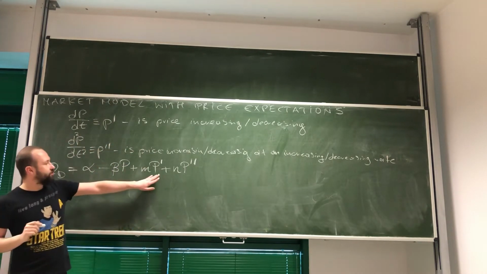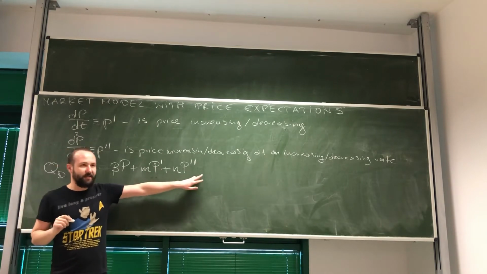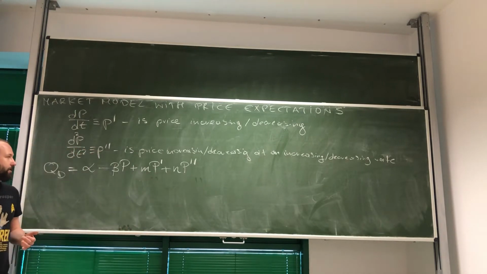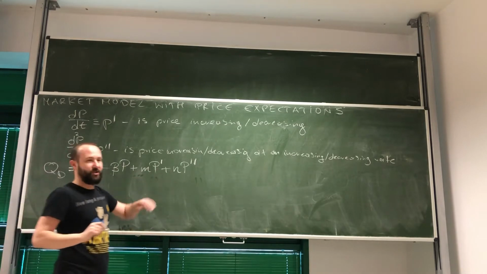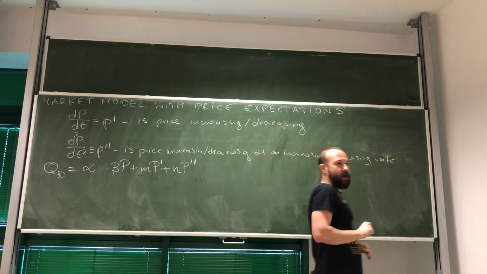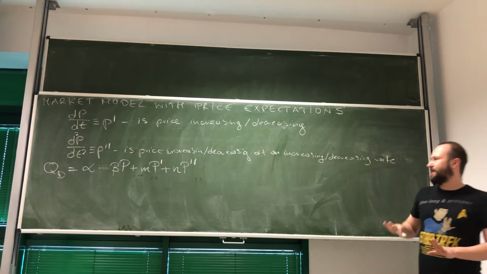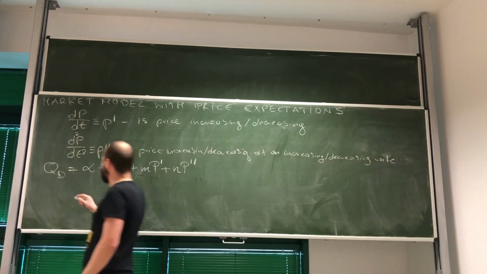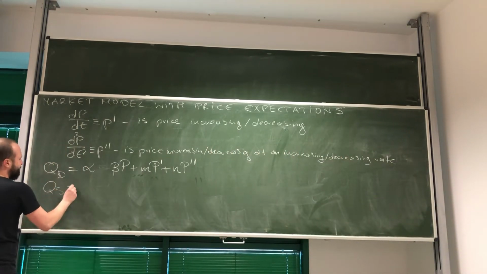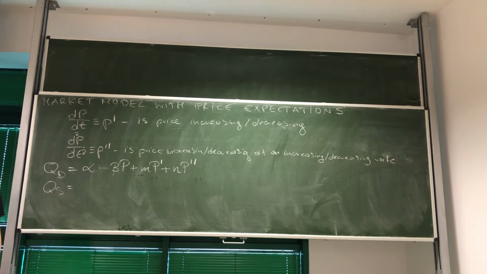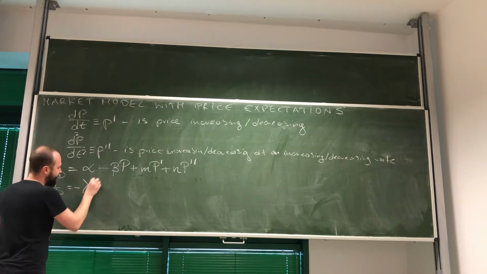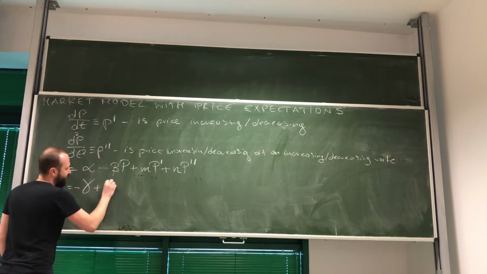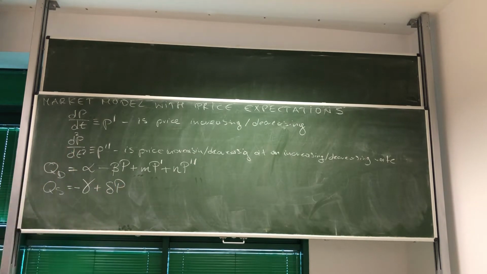Now we've introduced first and second derivative into the model, and we've got some coefficients on them. Let me just say that supply is going to be the same supply as we always use, nothing new here. So this is negative gamma plus delta p.